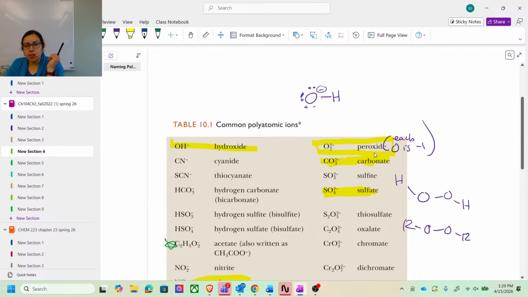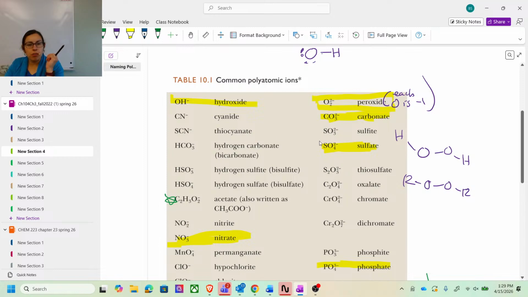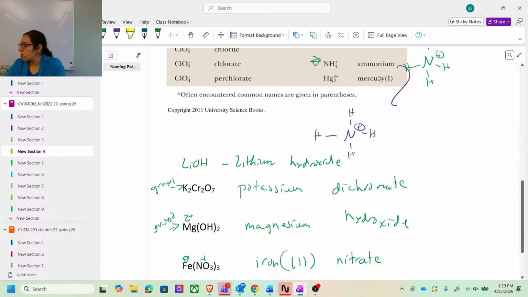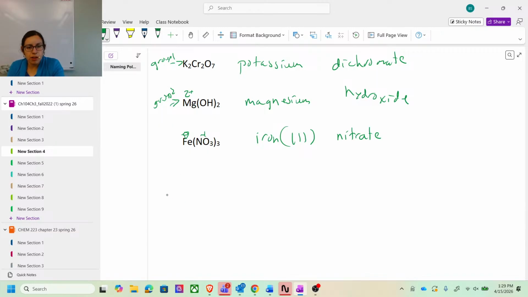Yeah, so typically they're anions, right? So they all tend to be negative except for, like we said, ammonium, right? But we could practice, right? So then how would you name? So that was based off of the oxygen, right?